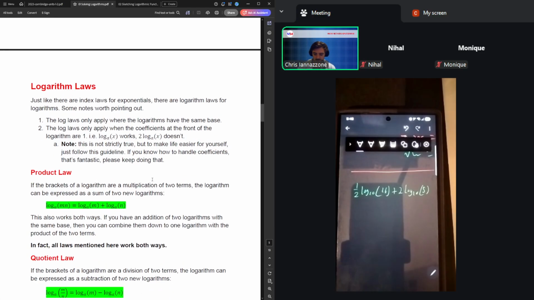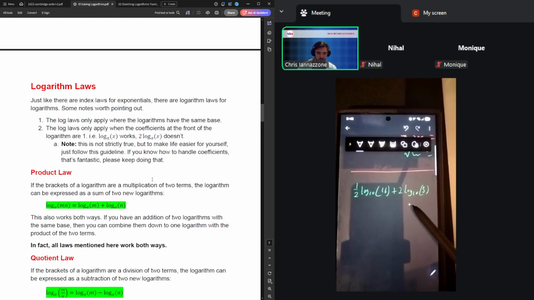This one's got a coefficient of half, this one's got a coefficient of 2. It can be complicated to imagine how those are going to combine, especially if the brackets are different, because this is saying we have half of log 10 of 16, and this one's saying we have 2 of log 10 of 5.